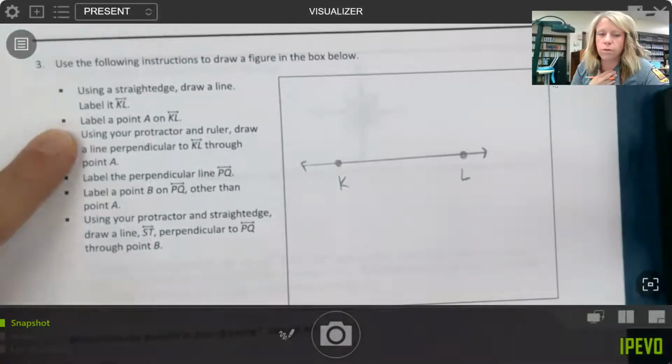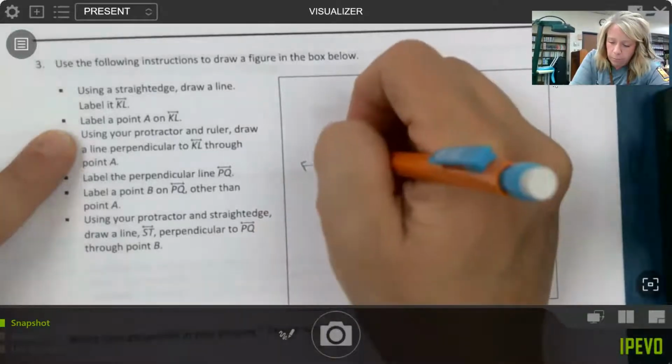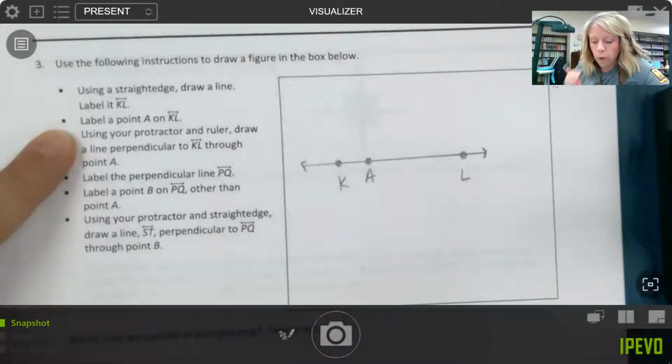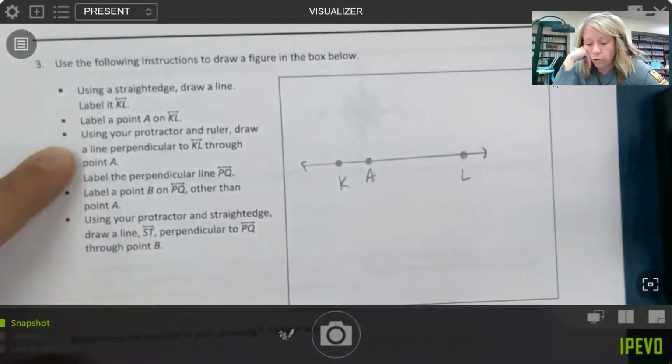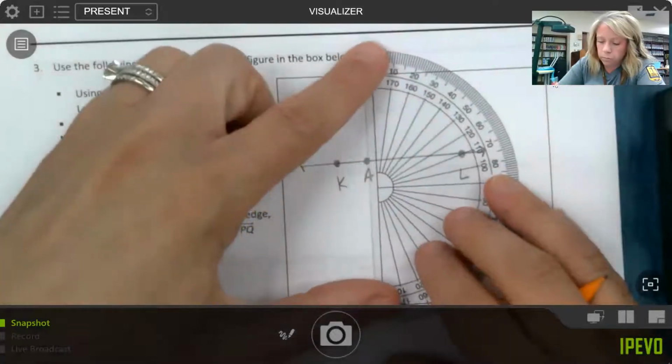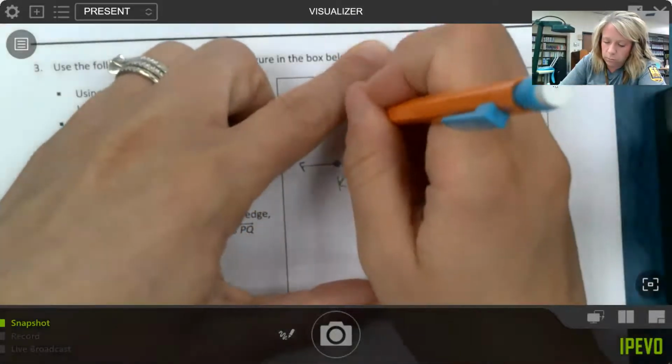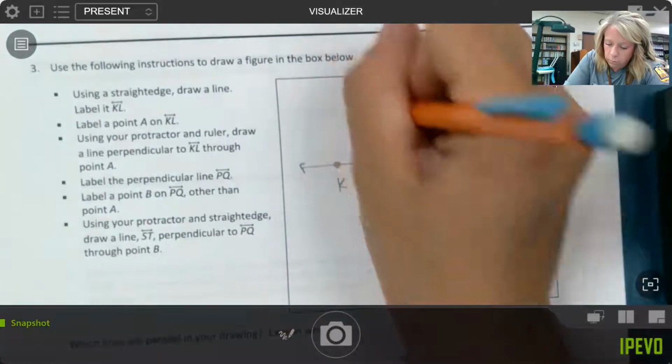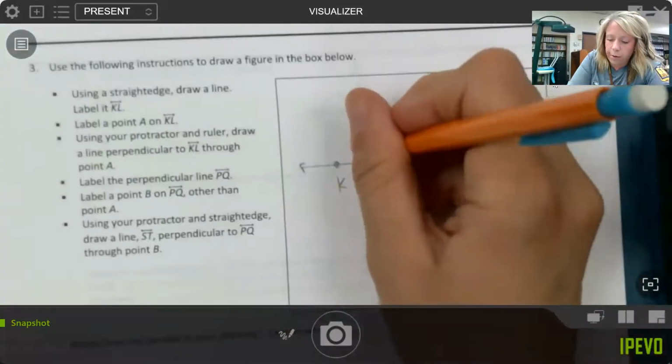Label a point A on KL. Using your protractor and ruler, draw a line perpendicular. I know that it's intersecting at a right angle to KL through point A. So right here, this makes a right angle.